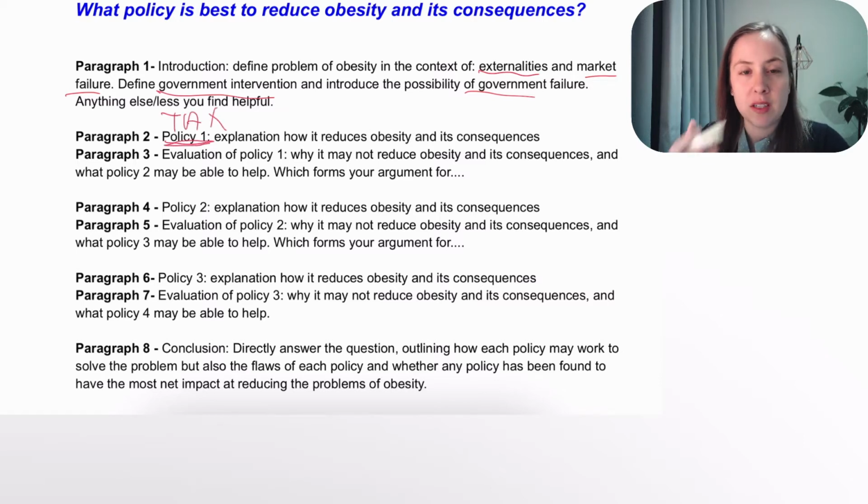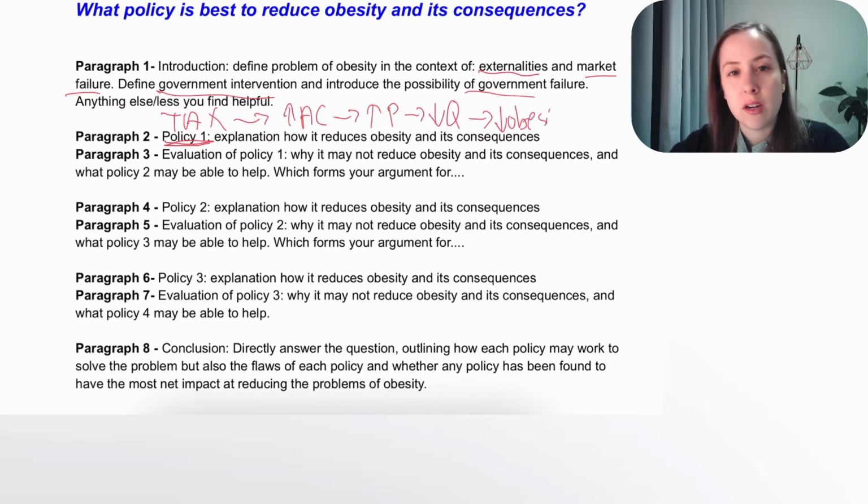In this case I'm going to explain how the tax reduces the problem of obesity, so you might say it increases average costs, reduces farms' ability to supply, increases prices, and in turn decreases quantity sold of these demerit goods, therefore reducing obesity, and as a result, any knock-on effects from that.